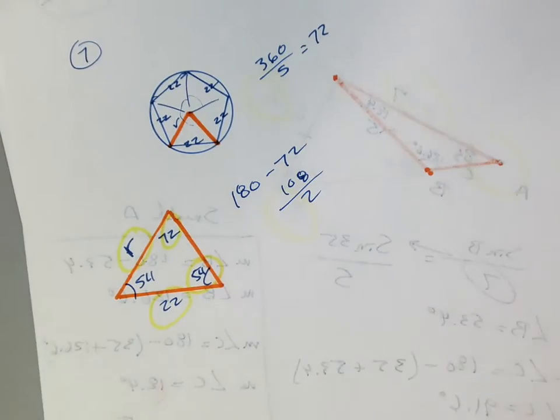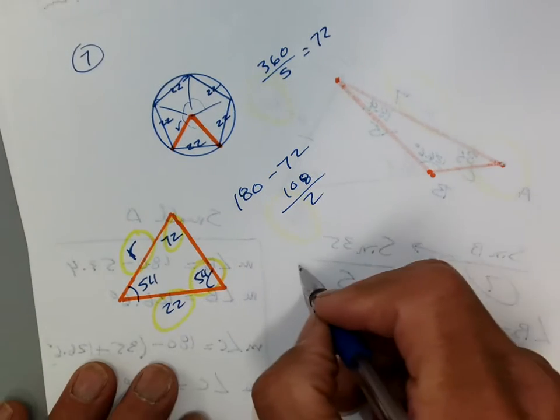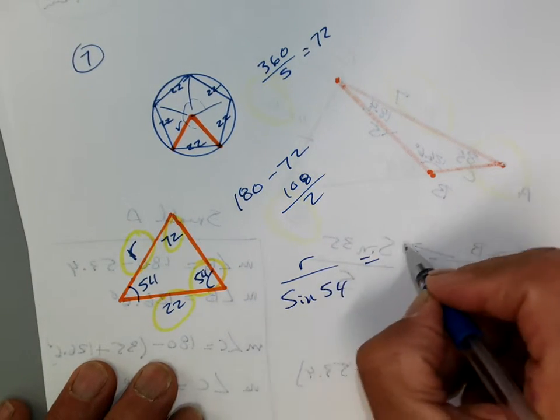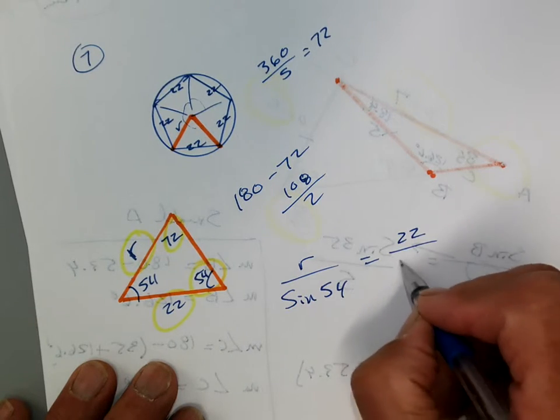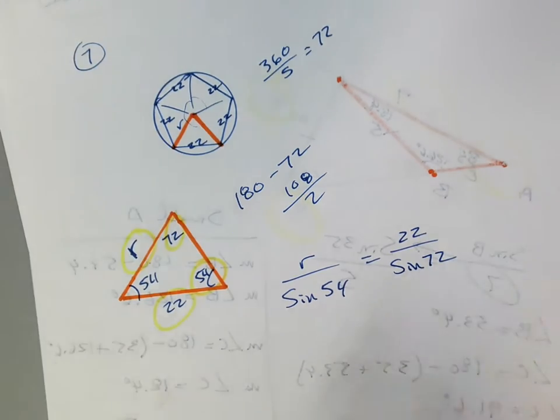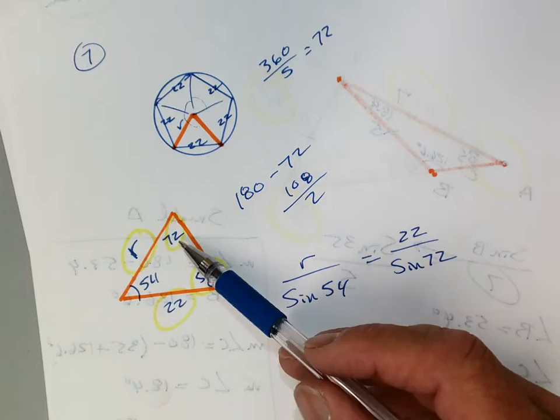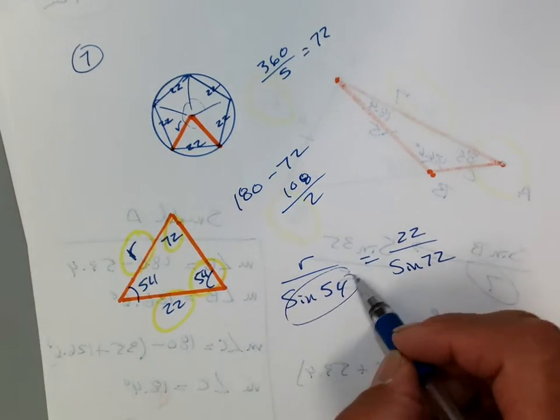So to find the radius of the circle, I'm just going to set it up and go R over the sine of 54 equals 22 over the sine of 72, right? My opposites. Side over the sine of its opposite angle, okay? I'll multiply that up there.